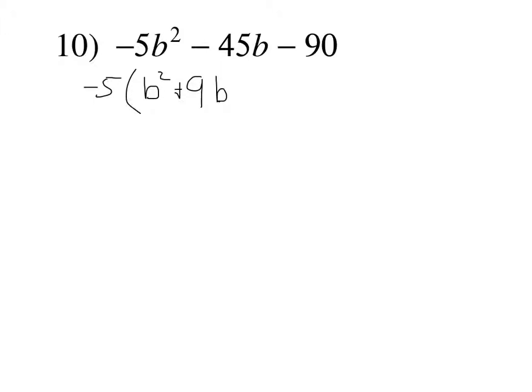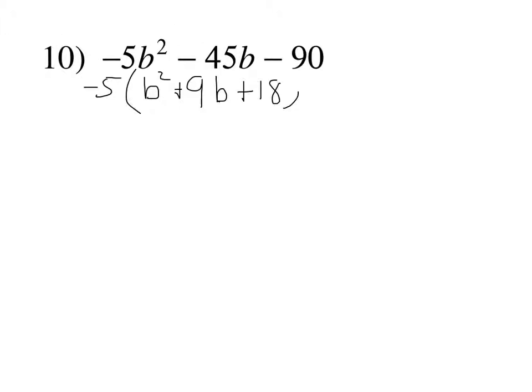And if we factor out a negative 5 from negative 90, positive 18. So we have this now. In that trinomial, we need to multiply our a and our c. So we draw our x off to the side. A times c is 1 times 18.